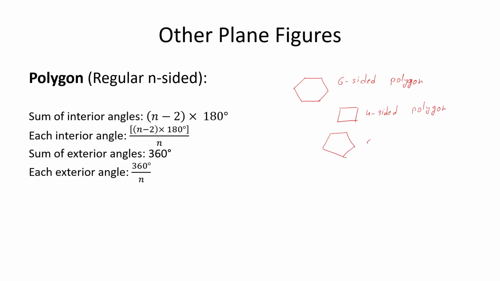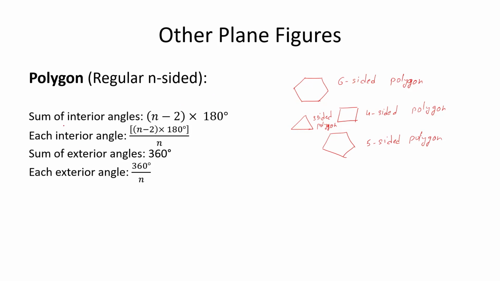This is a five-sided polygon. You got it? So five-sided, 6, 5, 4. So a triangle, an equilateral triangle, is a three-sided polygon. So here n means the number of sides and all sides are of equal length.